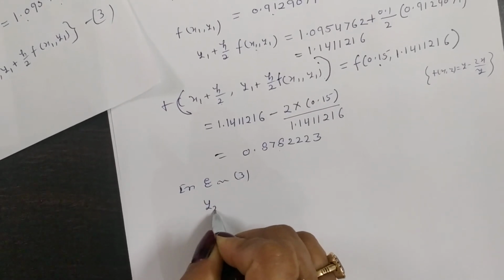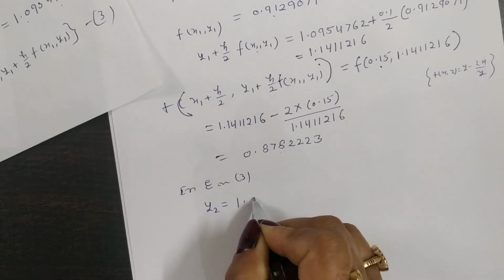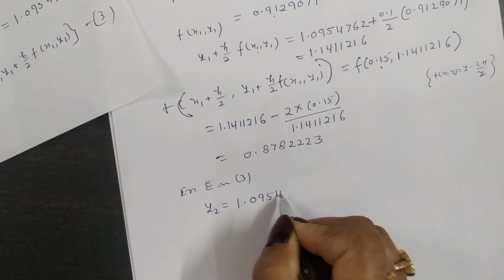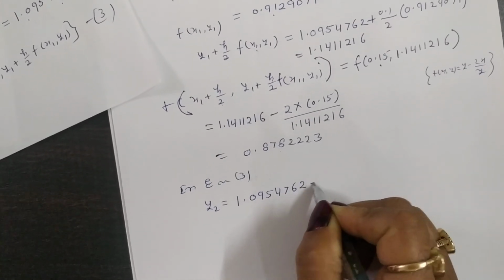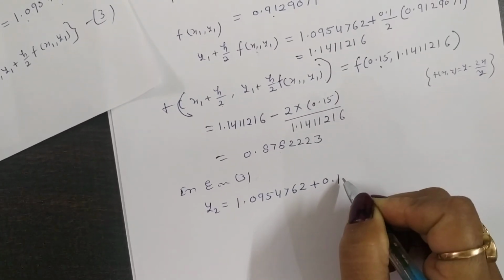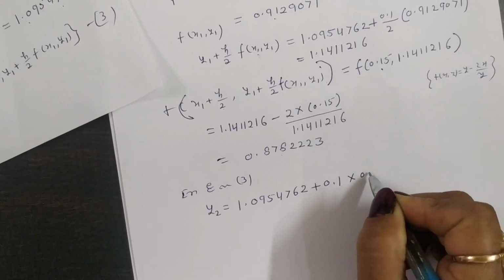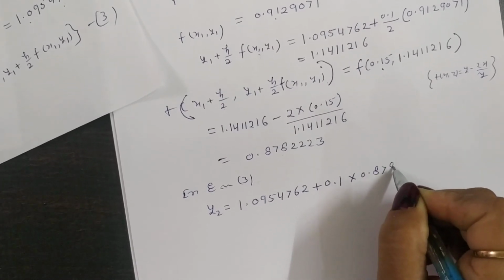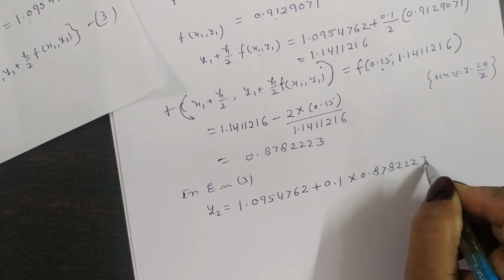So y2 is equal to y1, which is 1.0954762, plus 0.1 times 0.8782223.